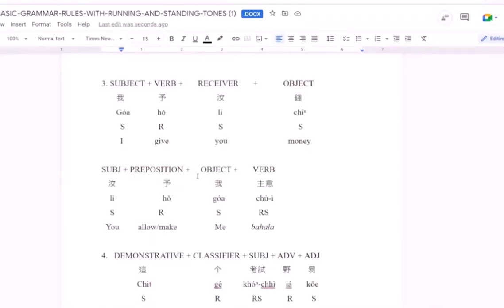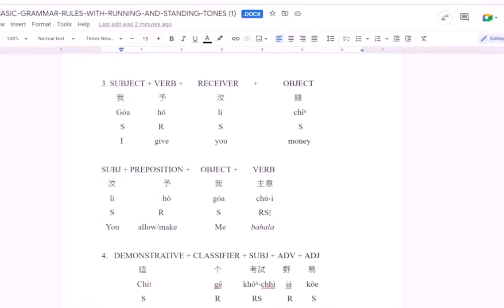Next we have subject, preposition, object, and verb. You make me bahala. So, as we can see here, the running tones are ho, which doesn't change, just like what here above, it doesn't change because it's tone 6.